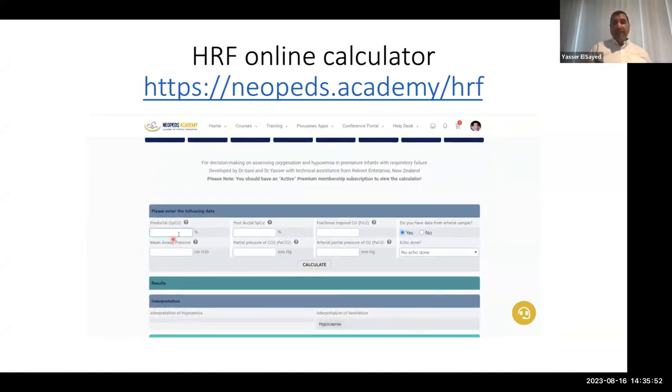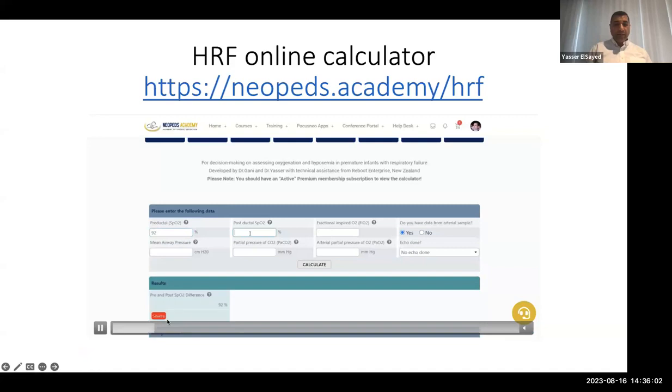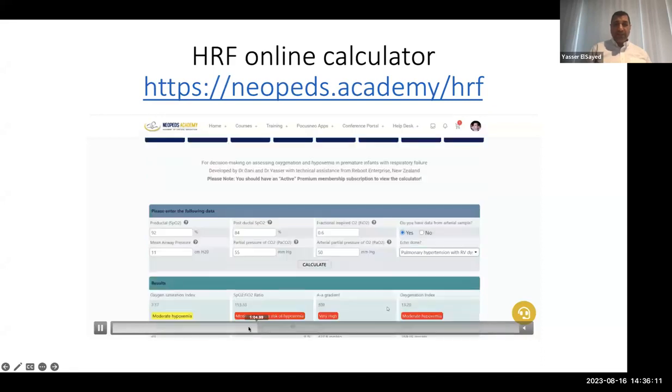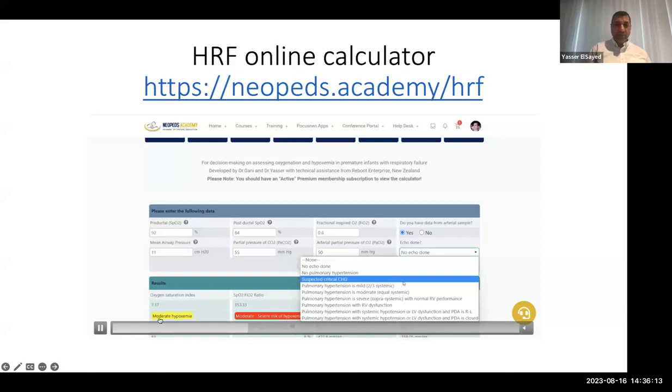So it is integrating the oxygen, and this is, as you can see, pre-ductal saturation, post-ductal saturation, and so on, to get an idea about the oxygenation before you actually apply the echo values. And the echo values here just show you the list, exactly the same list as we described.